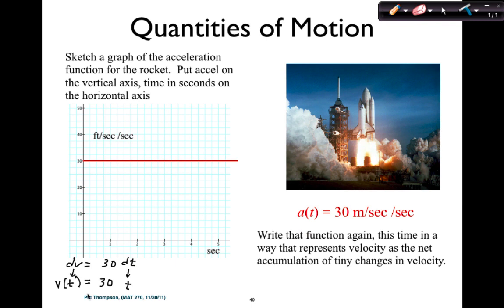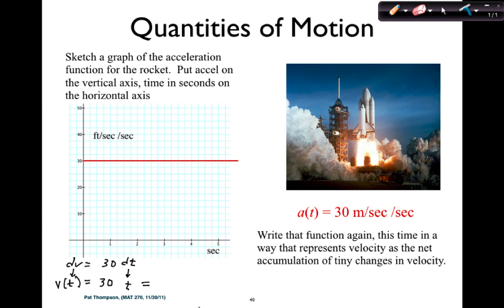So now I want you to write that speed function again in a different way, v of t. Can you write it where it's representing the net accumulation of tiny changes in velocity? So write this function in a different form that expresses that velocity is the net change of lots of tiny accumulations of change, the accumulation of lots of tiny changes in velocity.